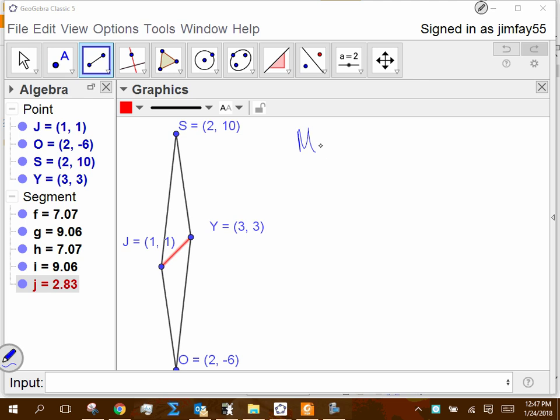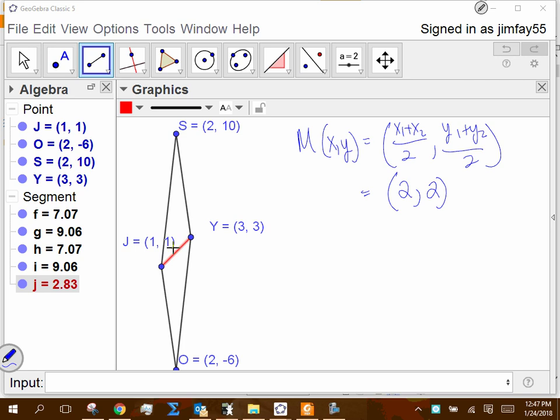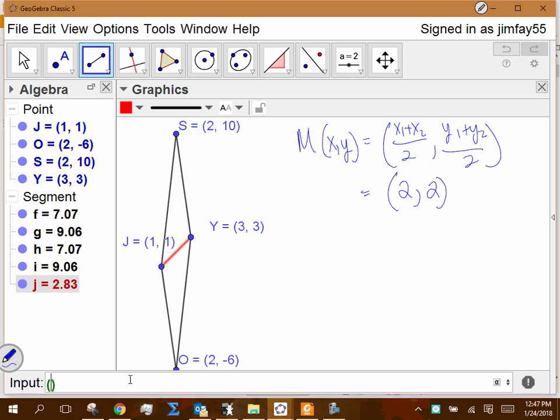So the midpoint of JY is X comma Y. And all we do is we add the X's of J and Y, divide by 2, and then add the Y's of J and Y and divide by 2. So that should be something that we can do pretty easily. Add the X's, 1 and 3, divide by 2, you get 2. Add your Y's, 1 and 3, divide by 2, you get 2. So the midpoint of this thing is 2 comma 2.